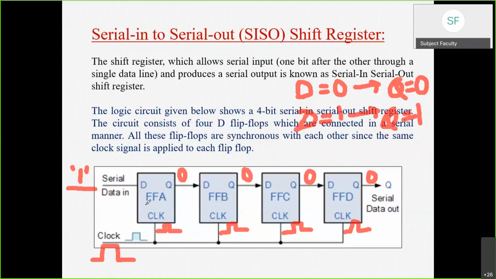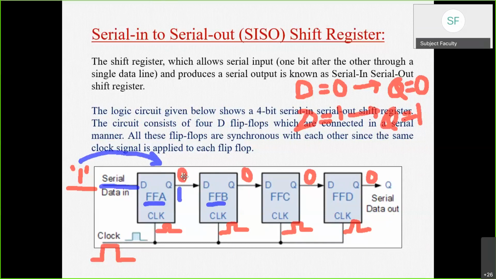Now, what is the input of this flip-flop A? It is 1. So whenever the flip-flop input is 1, output will also be 1. So when clock is applied, at the arrival of the first clock, this 1 will be collected at the output. Because D equals 1, this input is nothing but D. So since D is 1, output will be 1. For flip-flop B, what was the input?